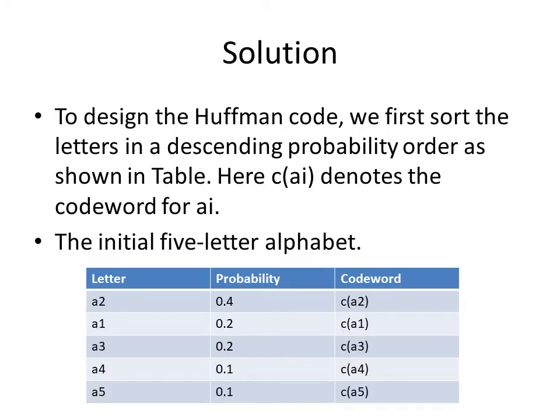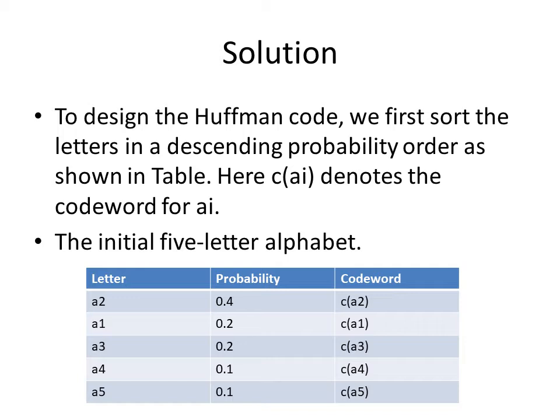First, we have to sort the given probabilities in descending order. After sorting, you will get a table like in the slide, where A2 has the highest probability, so it is at the top, and A5 has the lowest probability, so it is at the bottom. Now if two symbols have the same probabilities, how do we sort?